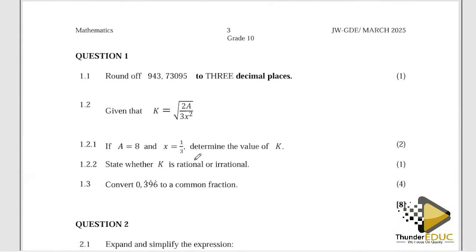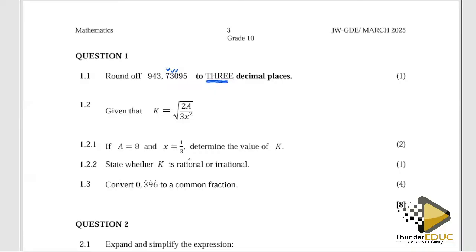Question number 1 is telling us to round off 943,73095 to 3 decimal places. So 3 decimal places simply tells us to look at the 3 numbers after the comma. So we're going to look at the 7, the 3, and the 0. Then immediately after the 3rd decimal place, we need to check what number comes after. It's a 9.